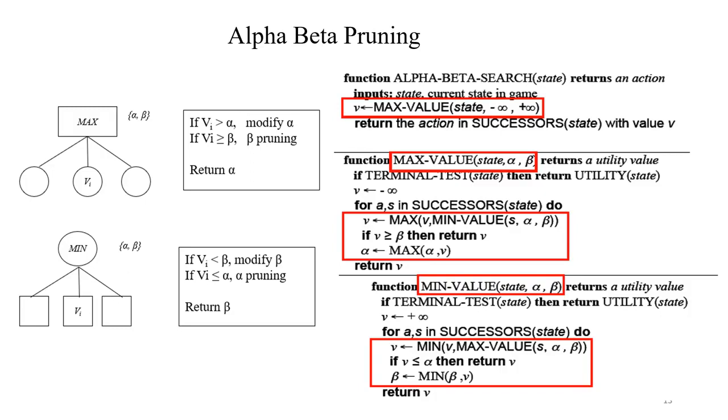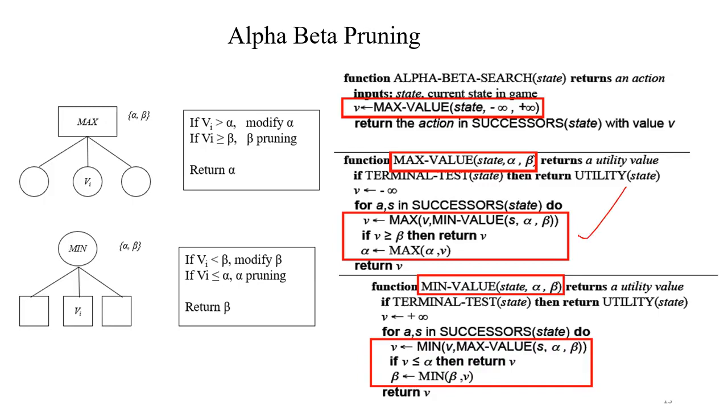As we already know, alpha is the highest value along the path of max, beta is the lowest value along the path of min. Let us initialize the value v for max as minus infinity.